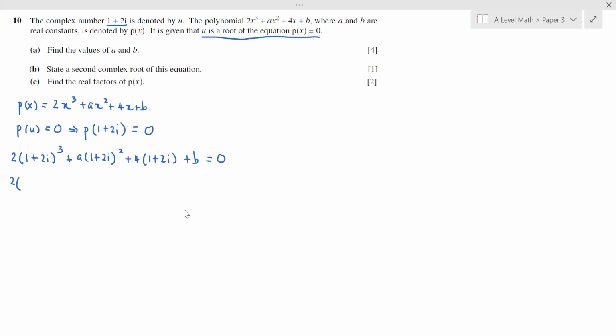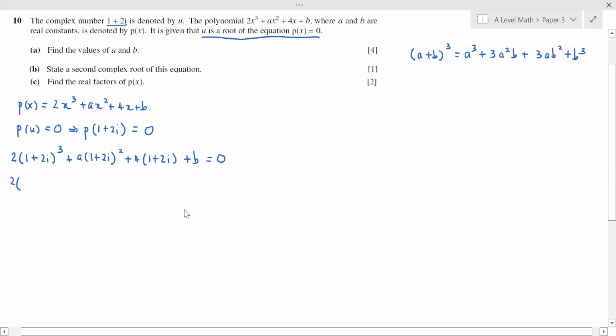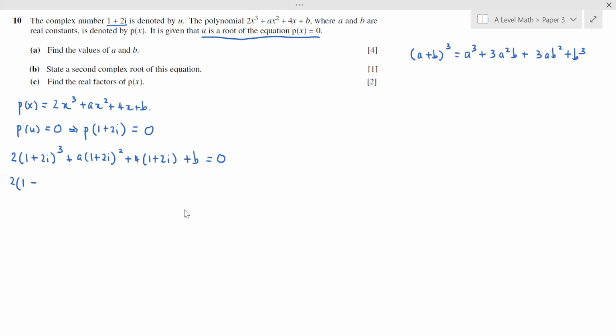For this part here, we have (1 plus 2i) to the 3, so we expand using Pascal's triangle, or let's just go (a plus b) to the 3. This is a cubed plus 3a squared b plus 3ab squared plus b cubed. We'll just use this expansion here. So we have 1 cubed, that is 1, plus 3 times 1 squared times 2i, plus 3 times 1 times (2i) squared plus (2i) to the 3.